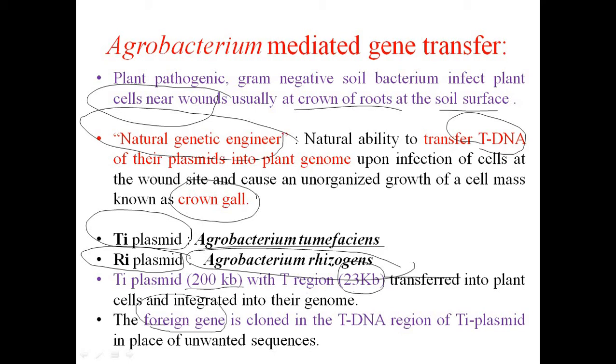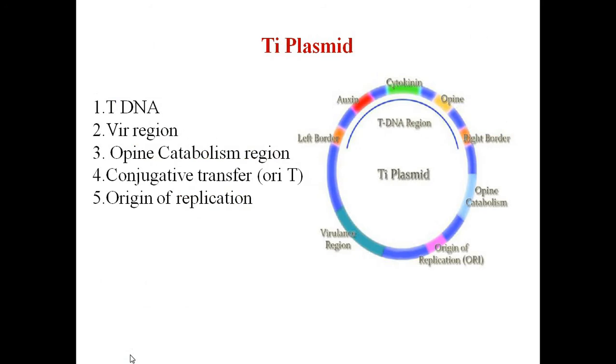The foreign gene of our interest is cloned in the T-DNA region of this Ti plasmid in place of unwanted sequences. Now we will go into detail about the Ti plasmid present in Agrobacterium tumefaciens. It has regions like T-DNA, which is transferred into the plant cell, so we can incorporate a foreign gene in this region.